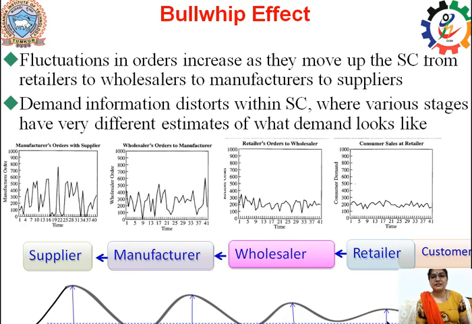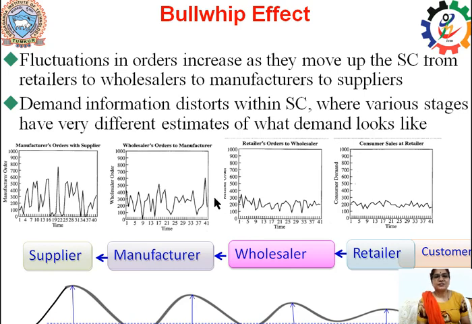At the retailer the amplitude is this much, whereas at the wholesaler it is a bit more, manufacturer still more, and the supplier is totally the highest. More or less stable, and progressively as and when you move upstream, it reaches the peak here. We call from customer towards supplier upstream, from supplier towards customer downstream.